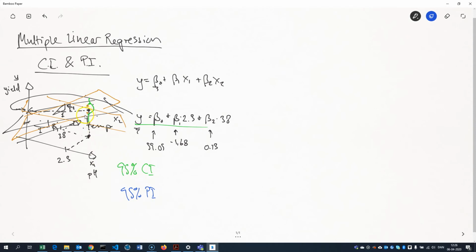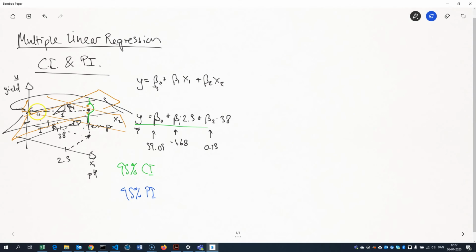And that's even more uncertain, because not only do we have to take into account that these planes can vary somewhat due to random variation, but also, even though the plane has been fixed, let's say we knew the plane was here, where the black plane is, there would be variation around that plane. The single observations are not all placed on the plane, they would be scattered above and below the plane.